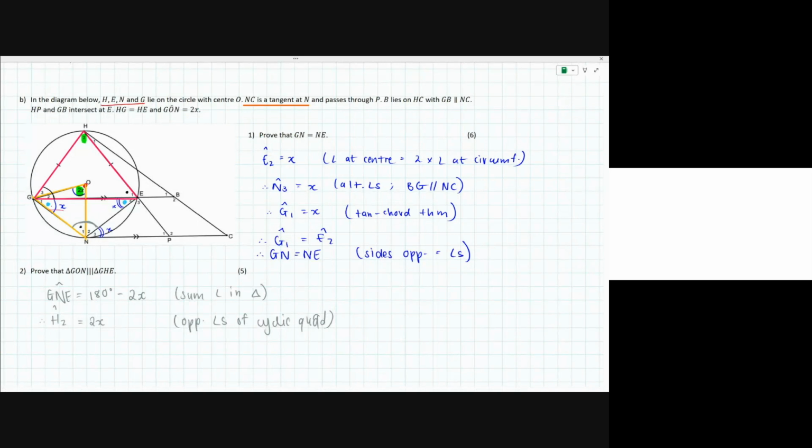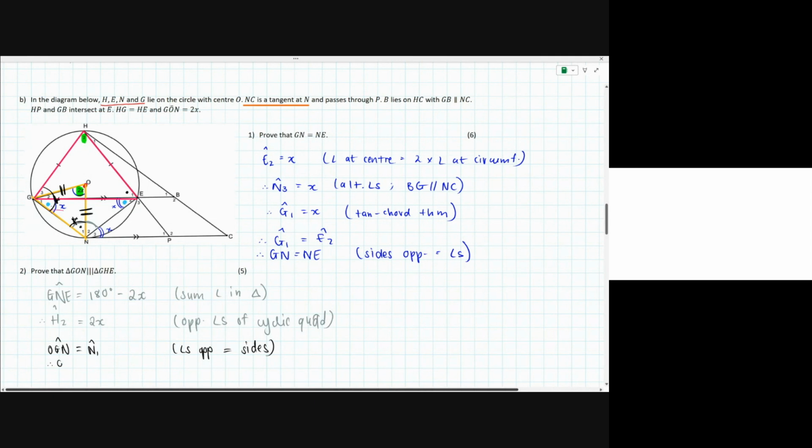Now remember, we know that these are radii, OG and ON, which means that the angles opposite them are equal. So OGN is equal to angle N1. So this angle, I'll put a little star there, and this whole angle are equal to each other. And because we know that the third angle in that triangle is 2x, we can work out what each of those angles are.